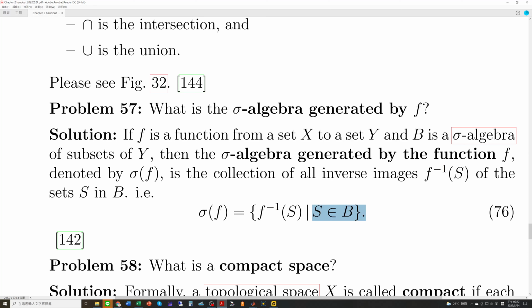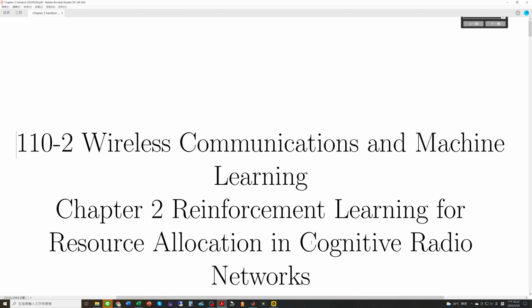Okay, next let us see problem 58. What is a compact space? Okay, why do we need to know what is a compact space? Okay, let us search for it.